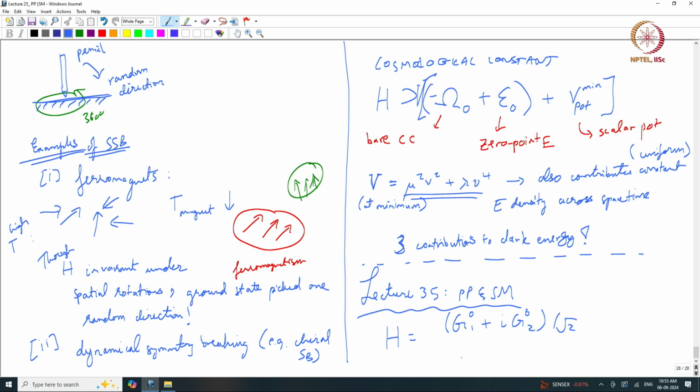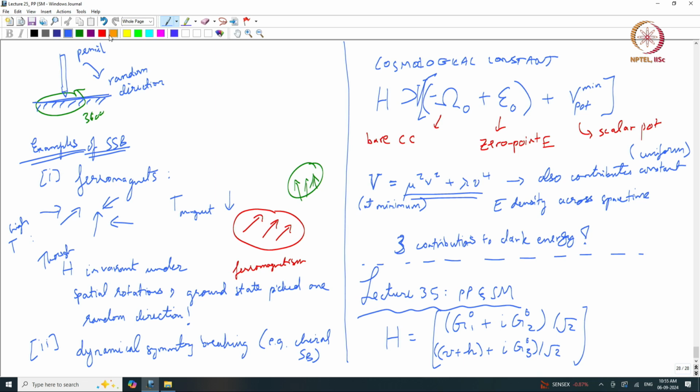That is the upper element. What about the lower element? For that I am going to do something slightly suggestive. The real part I am going to write as V plus H, okay, and the imaginary part I am going to still call it a G, G3 in this case, and once again I am going to normalize this field with the square root of 2, okay.